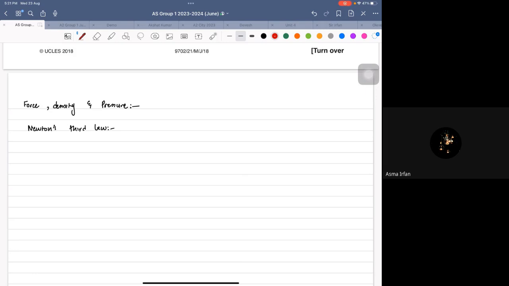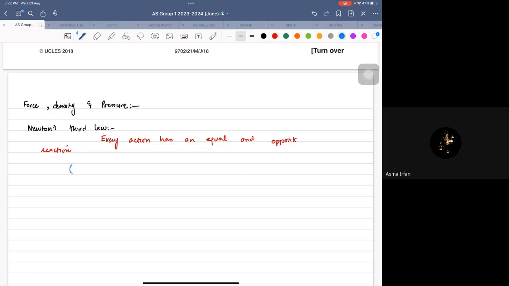So please write that the third law says that every action has an equal and opposite reaction. Now, this is between two bodies.